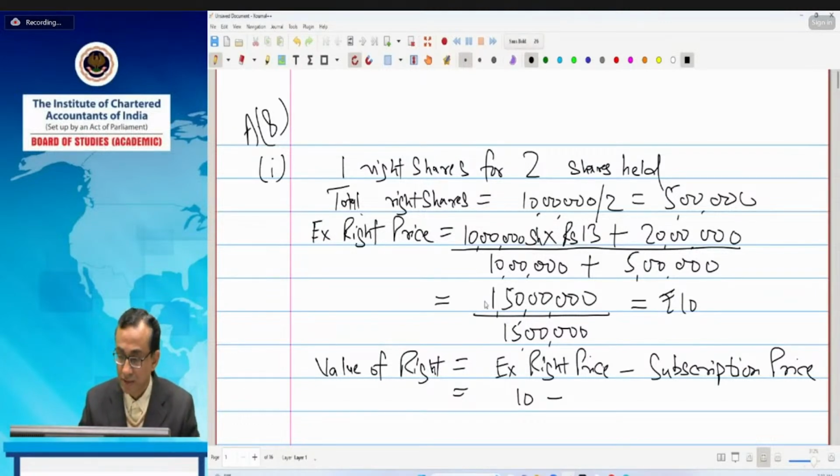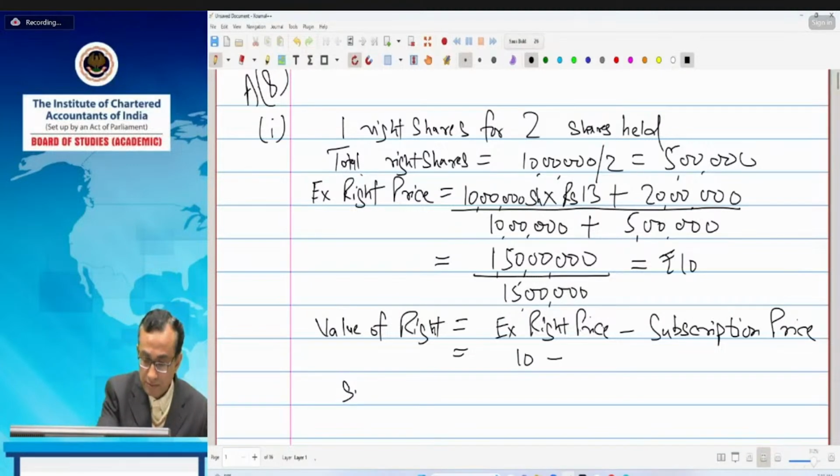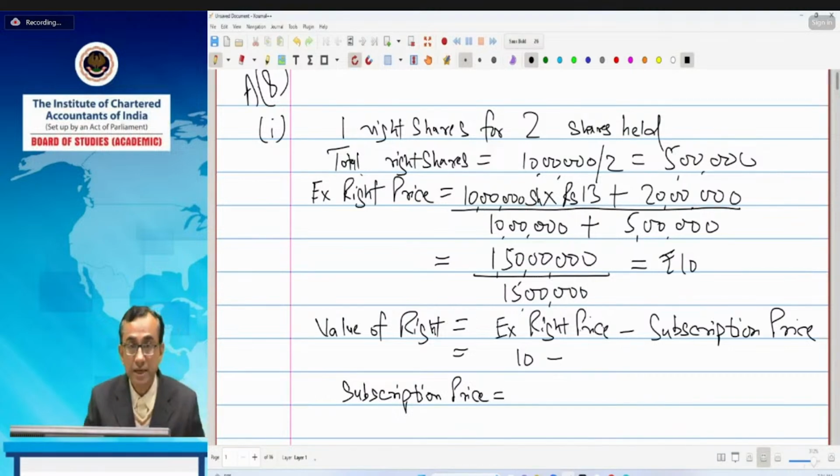Okay, we have to calculate the subscription price also in case of right issue. The subscription price is to calculate the subscription price also. Subscription price of the right issue. So number of shares, right shares is basically, one second.